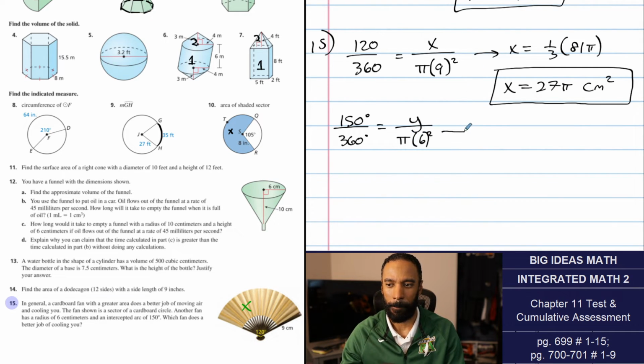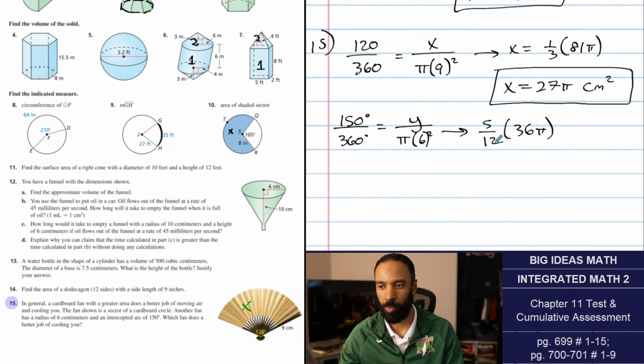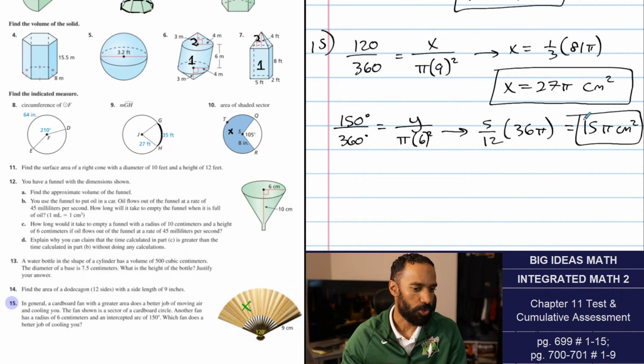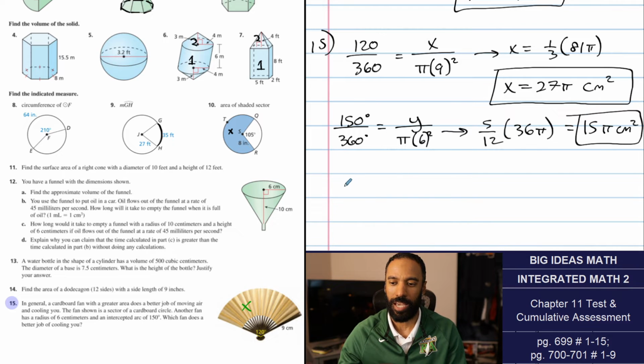That's 36 pi. And 150 out of 360 is 5 out of 12. We're going to take 5/12 of 36 pi. 36 divided by 12 is 3 times 5 is 15. 15 pi square centimeters.